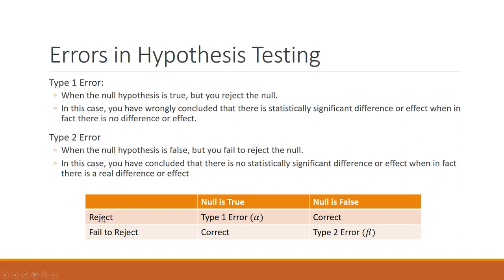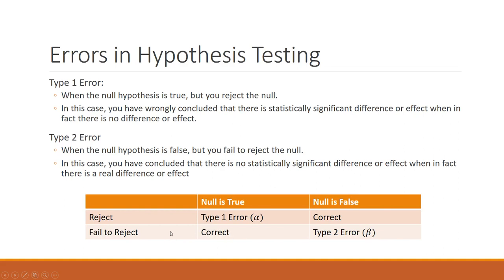So if we reject the null hypothesis and the null is in fact false, we would be making a correct judgment. This would not be an error. Likewise, if we fail to reject the null hypothesis, and in fact the null hypothesis is true, again we are correct.